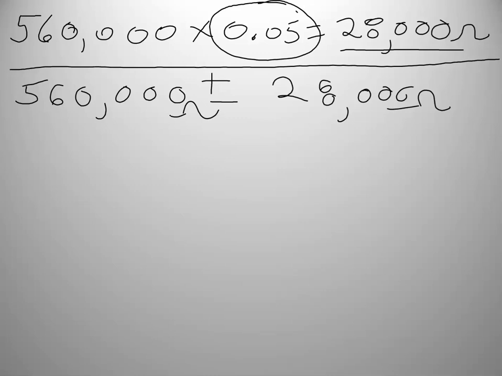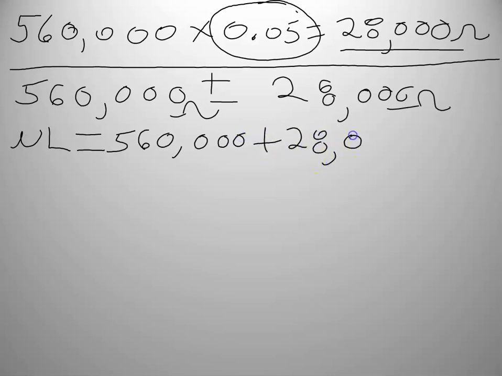All right, so now I need to find my upper limit, UL. So my upper limit equals 560,000 plus 28,000 ohms. And we'll do the math and fill in the numbers in a minute.